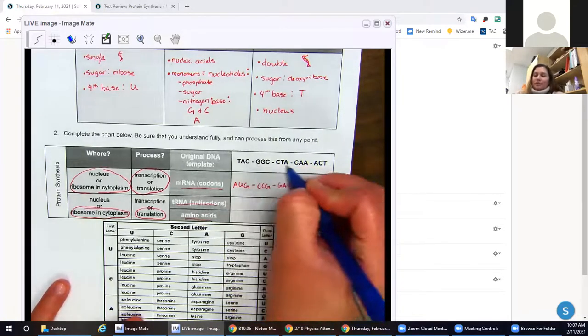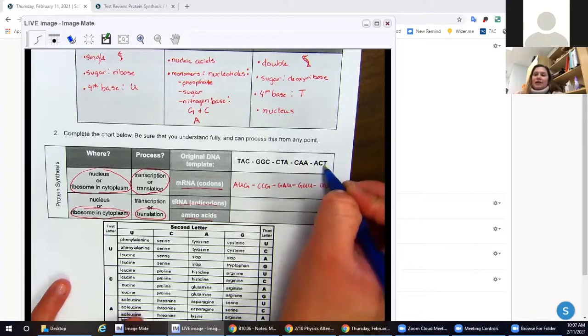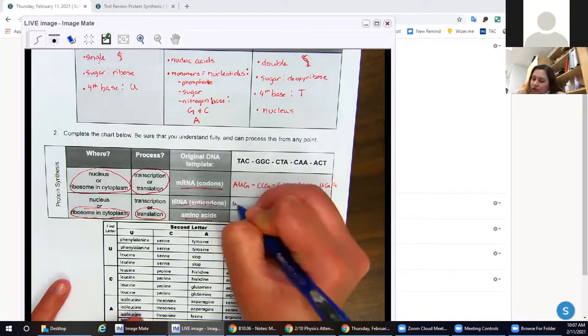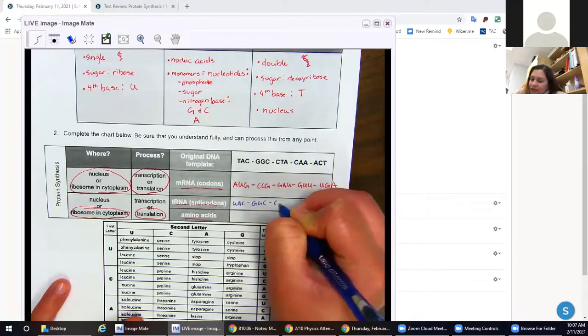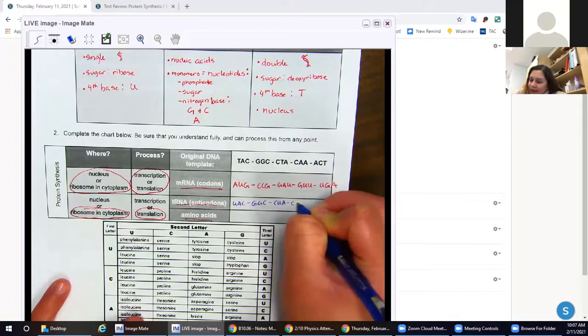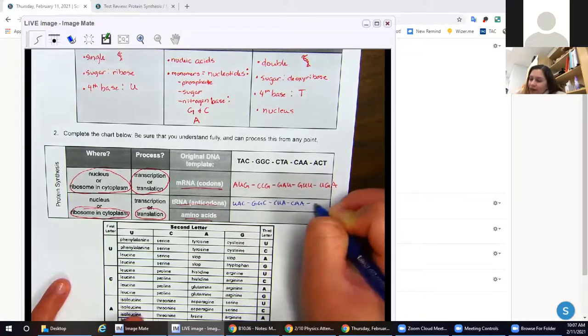So I'm just going to copy this, and every time I see a T, I'm going to put a U. So UAC, GGC, CUA, CAA, and ACU.